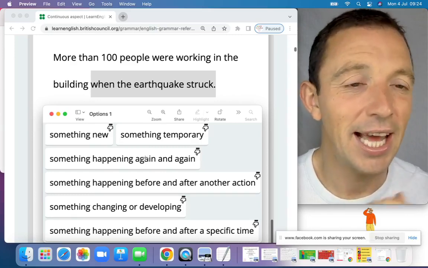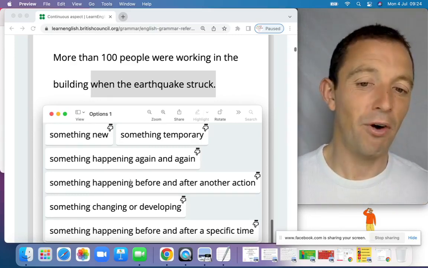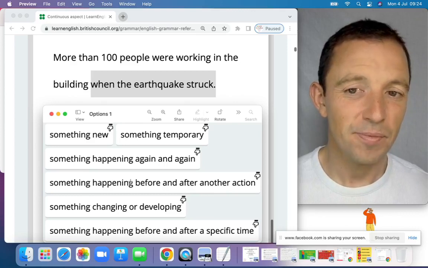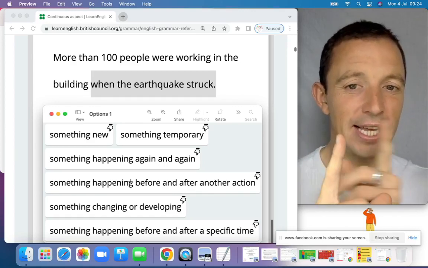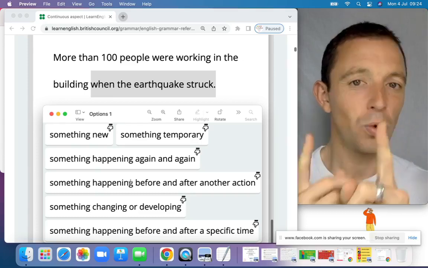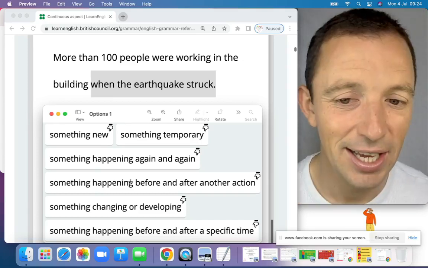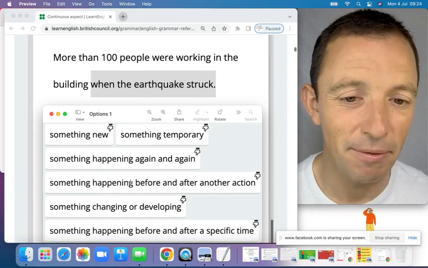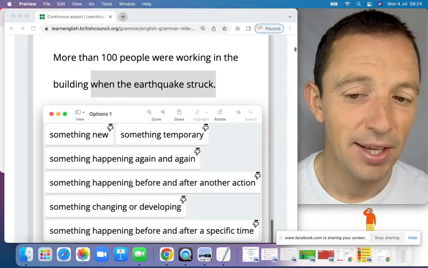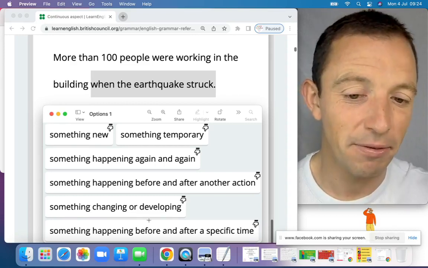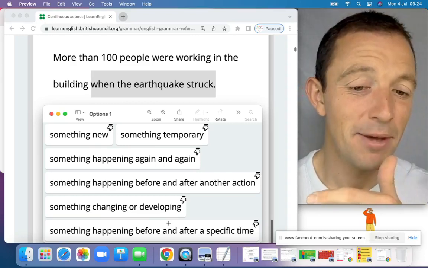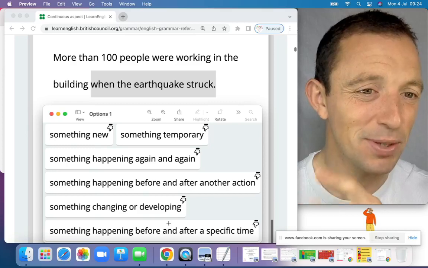Something happening again and again, no. Something happening before and after another action, yes. So when the people were working, the earthquake struck when the people were working. So I think this could be something happening before another action. Something changing or developing, not exactly. And something happening before and after a specific time, maybe, but it's more a specific action, not specific time.